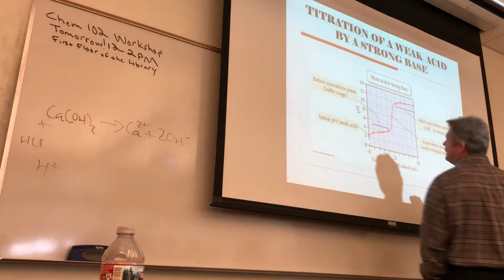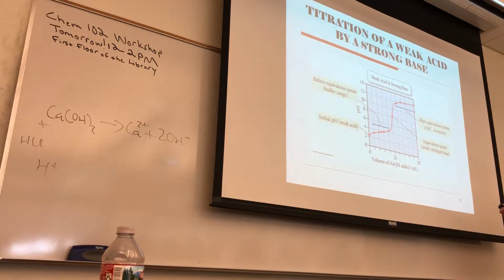I have the same thing here, pH, and the volume of the sodium hydroxide I'm adding in. The very first thing I want you to notice is where should this piece here start relative to the strong acid? Should it be higher on the pH or lower? Just the start part. Should be less acidic, so higher. Exactly, less acidic. This should be higher.